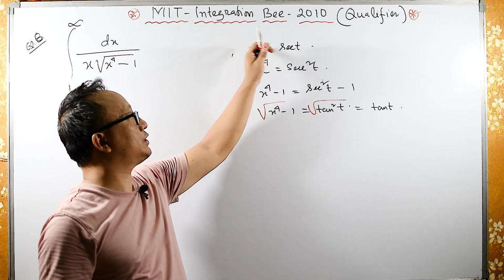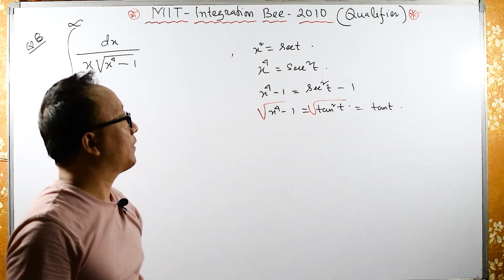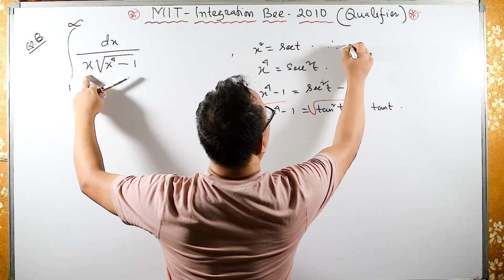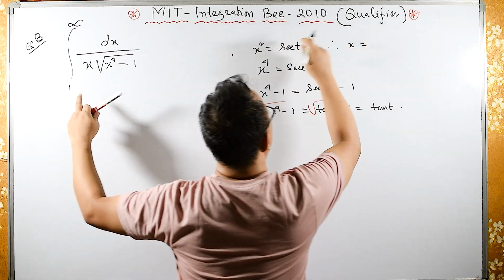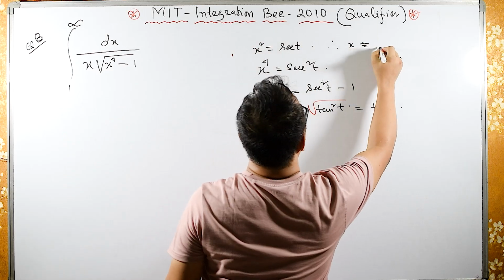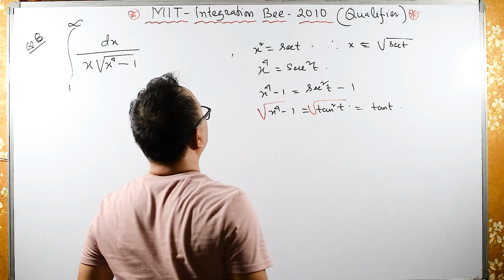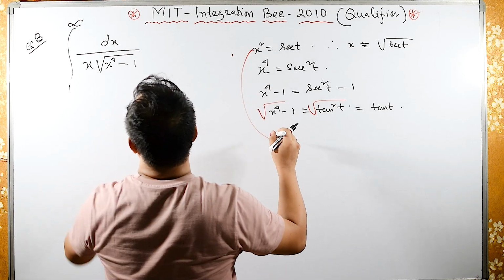Therefore, I am substituting x square equals sec t. So I need x. Taking the square root on both sides, the square root of sec t is my x. From here let's find dx.